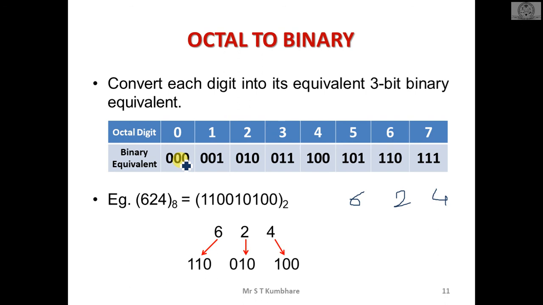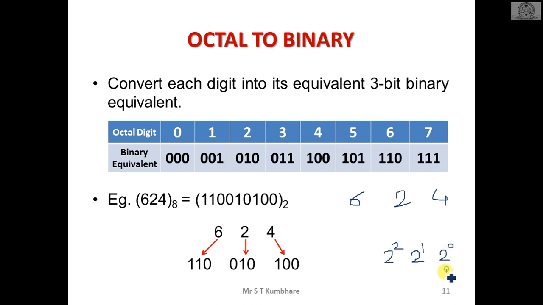In a similar way to what I just told you, write down 2 raised to power 0, because I want the binary equivalent, then 2 raised to power 1, 2 raised to power 2. In octal we need only 3 bits, so we write it like this.